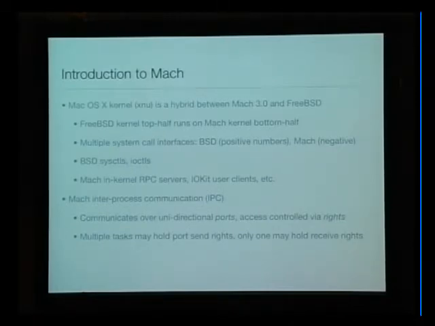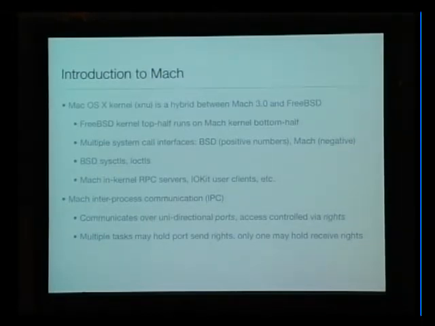And so to understand how this works, you have to know that OS X is this hybrid operating system. It uses parts of Mach and FreeBSD. It's essentially the top half of FreeBSD ported to the bottom half of the Mach kernel. What makes it really interesting is that there's a ton of different interfaces into the kernel because of the sort of dual ancestry of Mach and BSD.